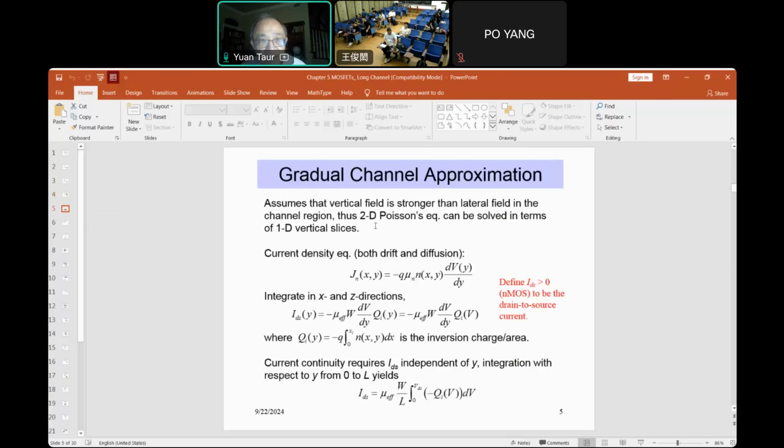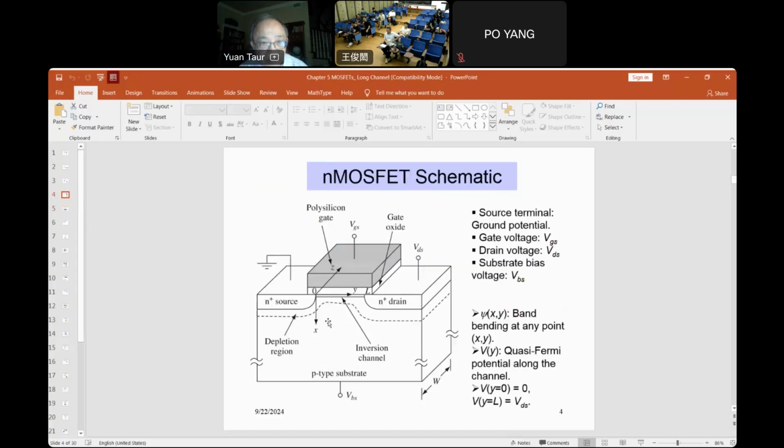But something is changing in the y direction, because we change y from 0 to L, source to drain. So the gradual channel approximation means that at each y, we solve a 1D Poisson equation. Instead of solving the 2D Poisson equation, we solve 1D in vertical slices for each given y.